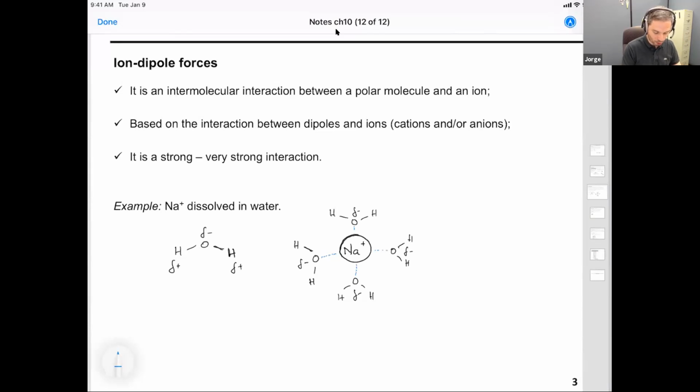So a dipole interacting with a charge. And this sort of interaction is called ion-dipole interaction. And this interaction can range from strong to very strong interaction.